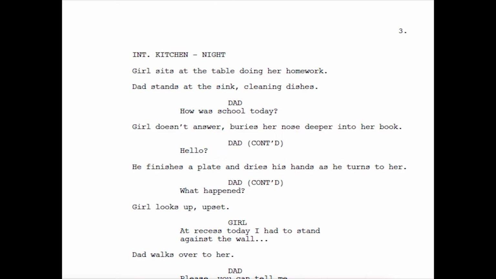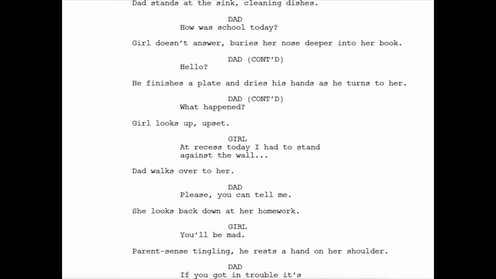Interior, kitchen, night. Girl sits at the table doing her homework. Dad stands at the sink cleaning dishes. How was school today? Girl doesn't answer, buries her nose deeper into her book. Hello? He finishes a plate and dries his hand as he turns to her. What happened? Girl looks up upset. At recess today, I had to stand against the wall.